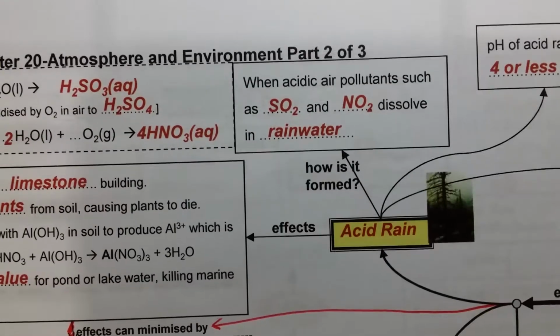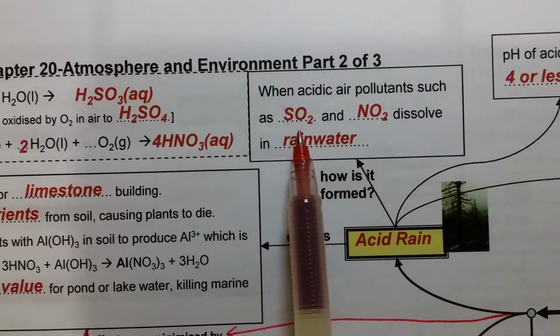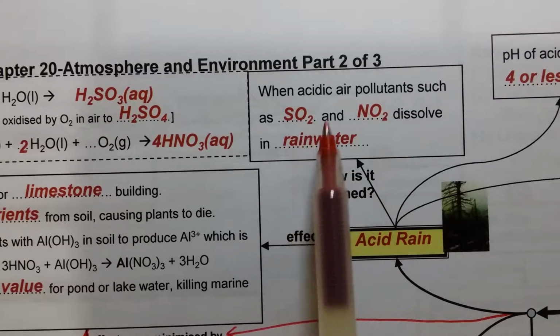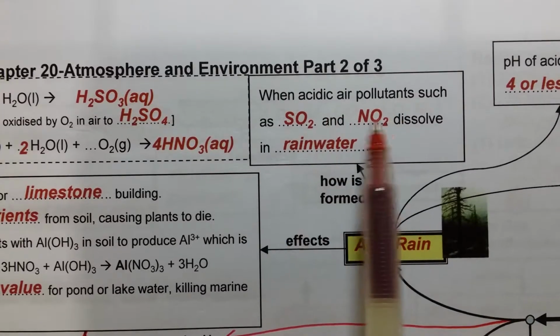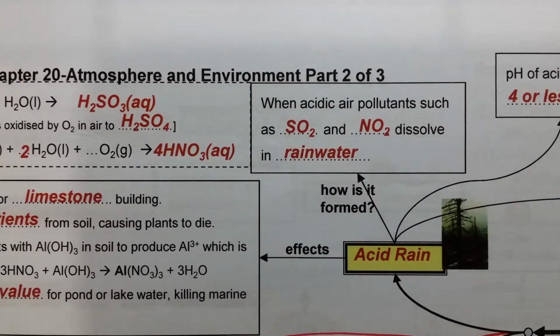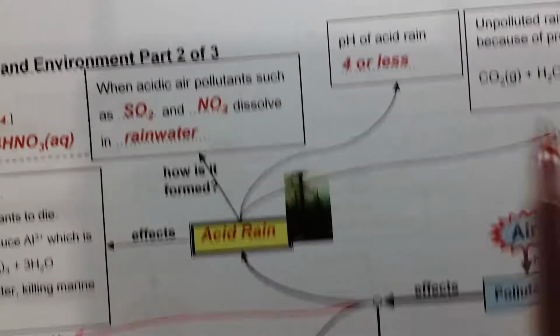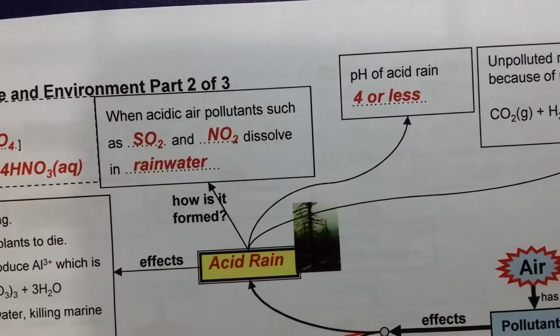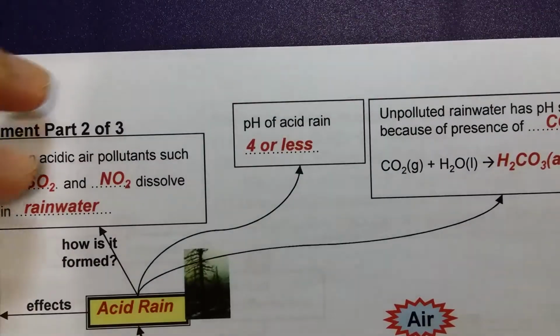Acid rain is formed mainly as a result of two air pollutants, sulfur dioxide and nitrogen dioxide. These two are acidic, and when they dissolve in the rainwater, they produce acid rain. And the pH of acid rain is 4 or less. That means 1, 2, 3, 4. Cannot be 5, cannot be 6.